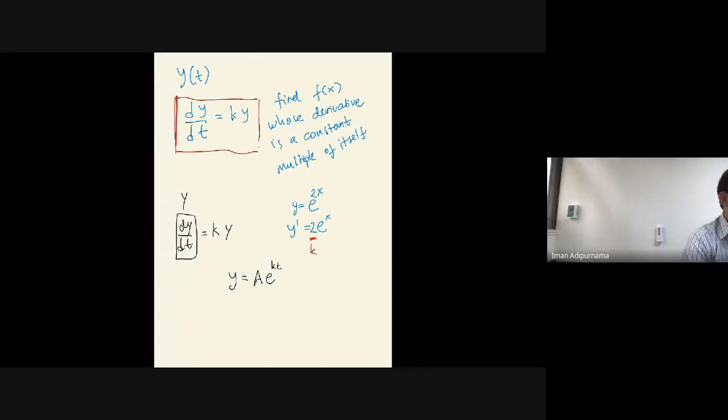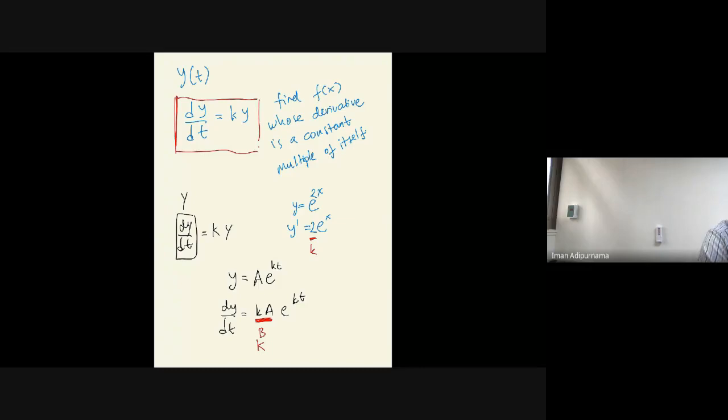So when you derive this, it will be k, A. So this whole thing is another constant, let's say B or maybe big K. What we are doing here is just to make sure that our approach here can be applied to some cases.